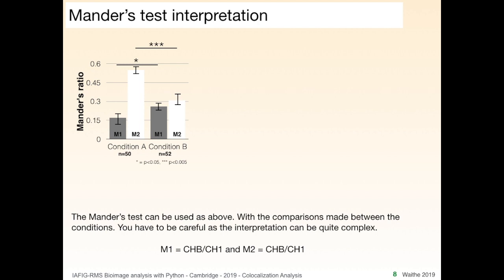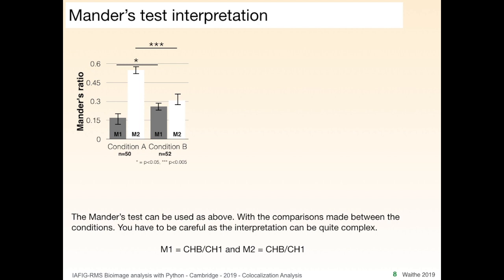What this shows you is that in condition A, so these could be two treatments from 50 cells, say, M1 has a much lower component of fluorescence. So as a ratio of the channel 1 fluorescence, the combined fluorescence is very low, whereas for channel 2, much more of it is shared pixels.